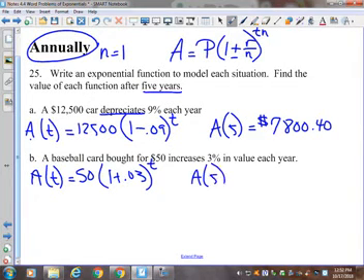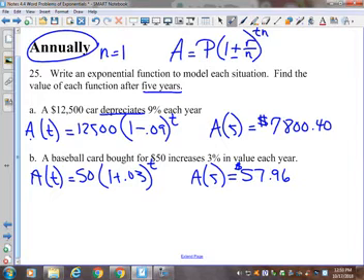So you plug in 5 to figure out how much your baseball card will be worth. This is just one card. You paid $50 for this card. It must be really special. And you're going to see how much it is worth in 5 years. $57.96. So it didn't go up a huge amount, but it did go up at least.